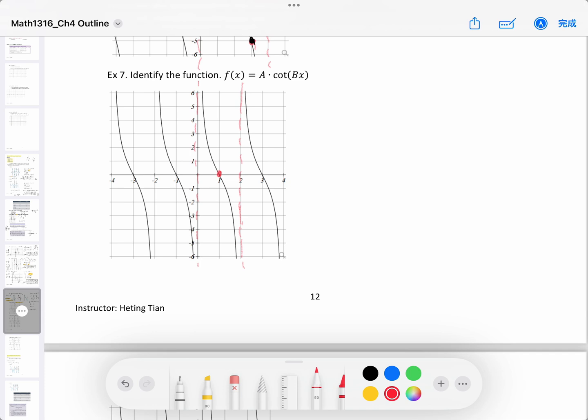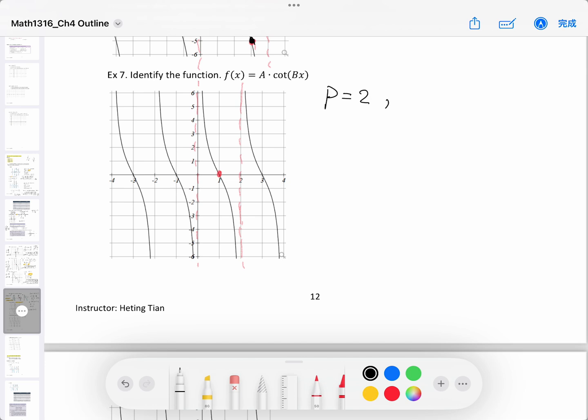What is the horizontal stretching and vertical stretching? Let's decide b first. b can be found from the period, from 0 to 2, one full cycle. So from the graph, I can tell the period is 2.